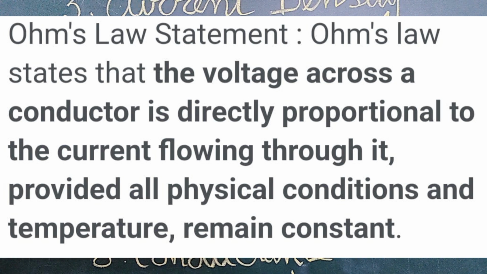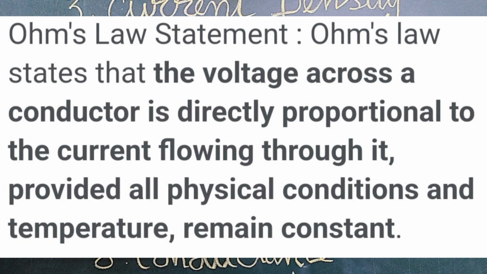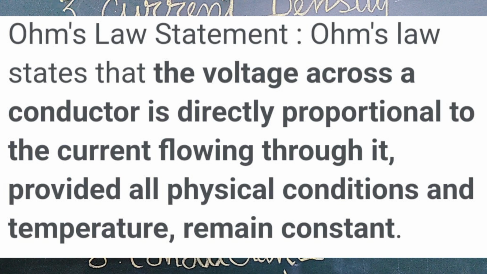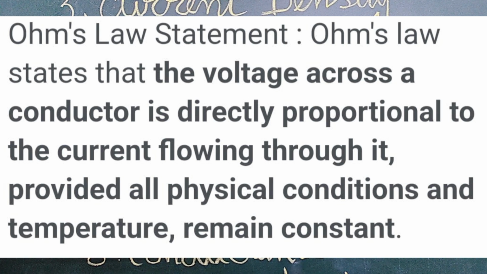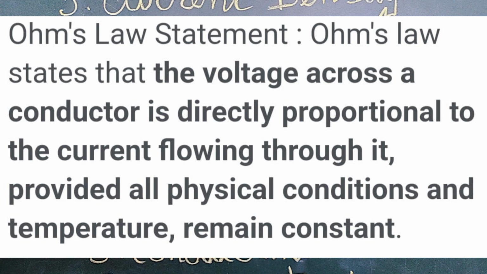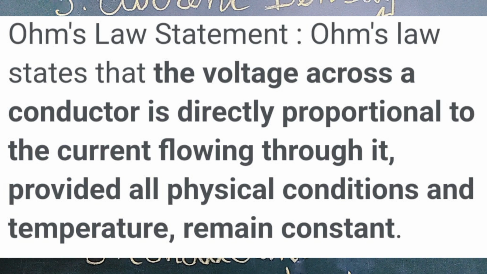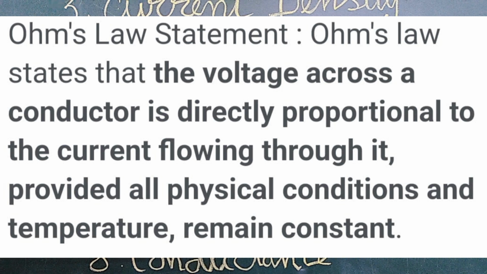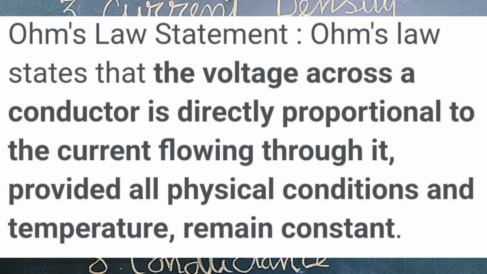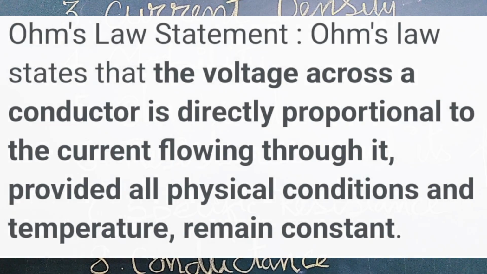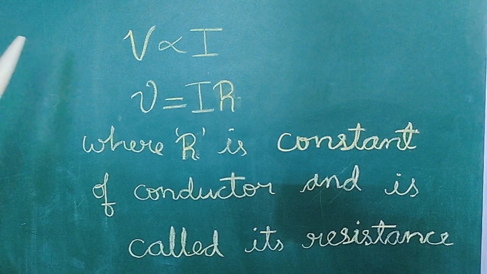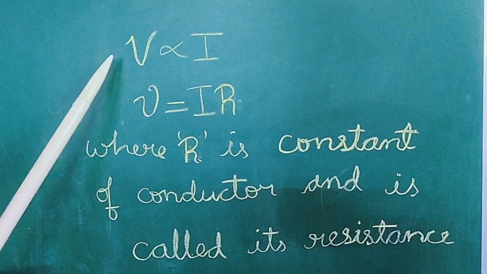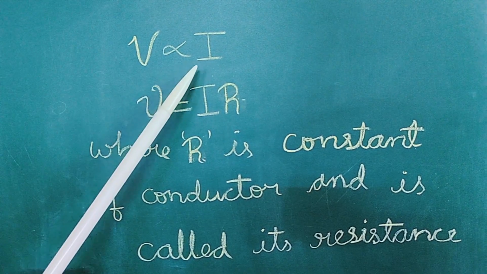The meaning of it: the voltage present in the power source is directly proportional to the current flow. That means more voltage in the battery, more current flow. Less voltage in the battery, less current. According to Ohm's law, voltage is directly proportional to current flow.